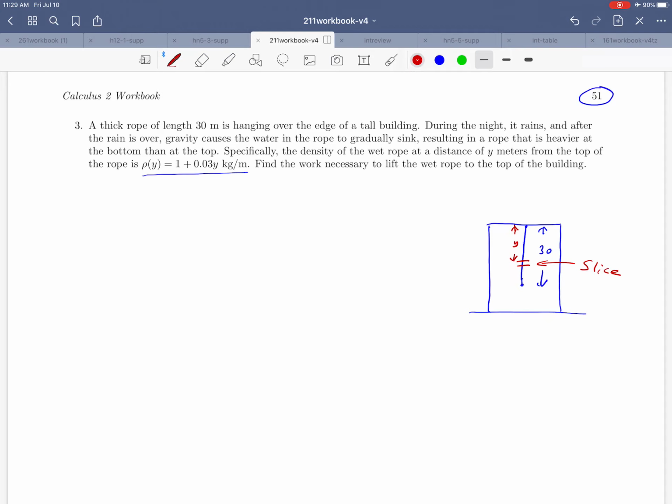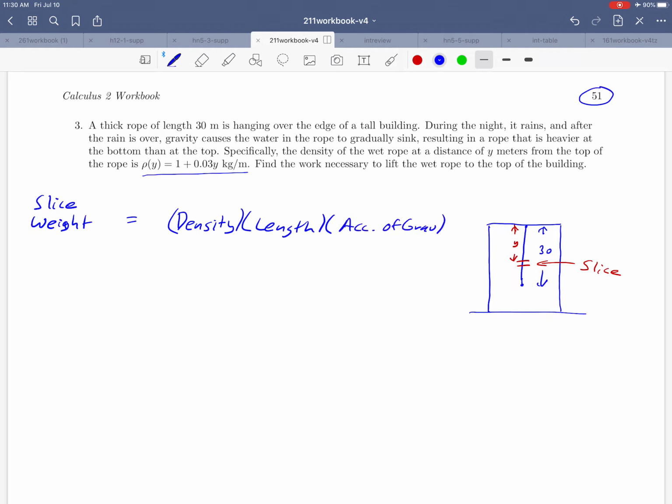The setup is going to be similar to all the other problems of this type that we did. We start by seeing if we can figure out the weight of just that one slice of the rope. The slice weight breaks up into the three components that we've been using: the density times the length times the acceleration of gravity.